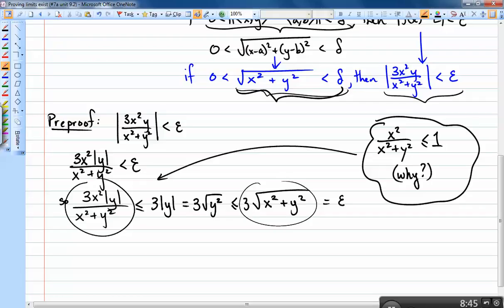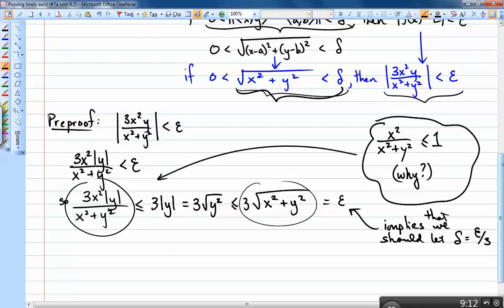So if I divided that by 3, then I can say this implies we should let delta be a third of epsilon.